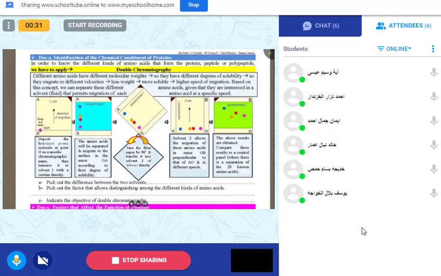Then I bring a protein. I don't know what amino acids are found in this protein. I cut the protein into the amino acids, and then I put these amino acids on the chromatography paper like this process. Then I will see how much each one of them moves. If I find one that moves 2 centimeters, this is a glycine.